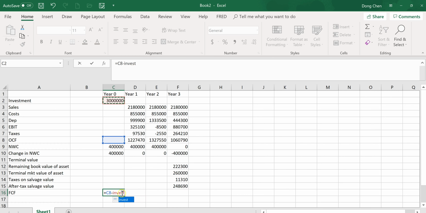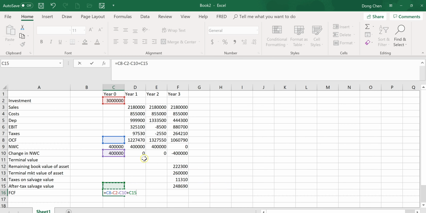So later on, when I pull the mouse all the way to the right, this won't change. But that's not what I want now. What I want is for the investment in subsequent years to be zero. So I want this to change, so I change this back to the cell value, which is C2. And minus the change in net working capital and plus the after-tax salvage value.